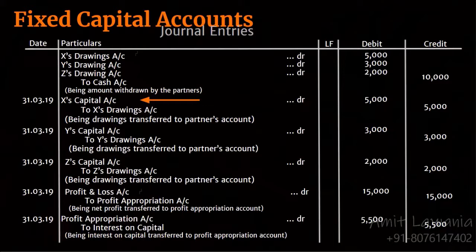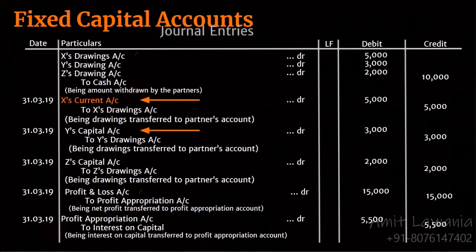But in the fixed capital account method, the entry will change. We do not touch the capital account in this method. Instead, we note it in the current account. So it will be X's current account debit to X's drawings account. The amount remains the same, which is rupees 50,000.